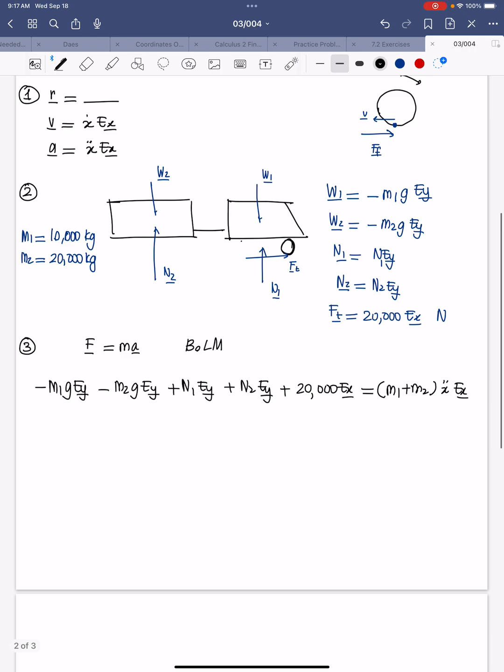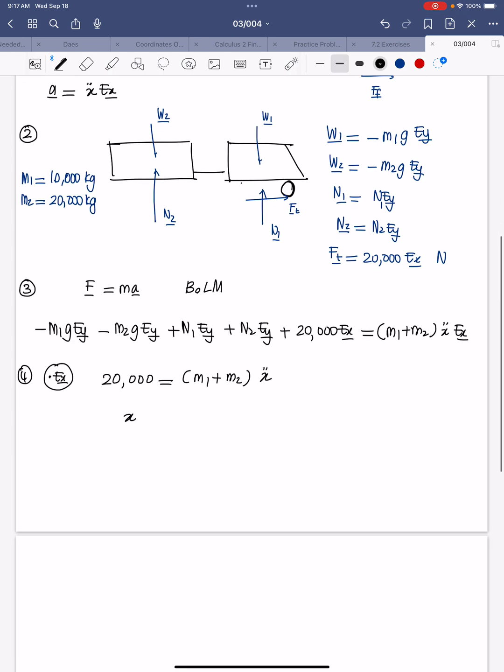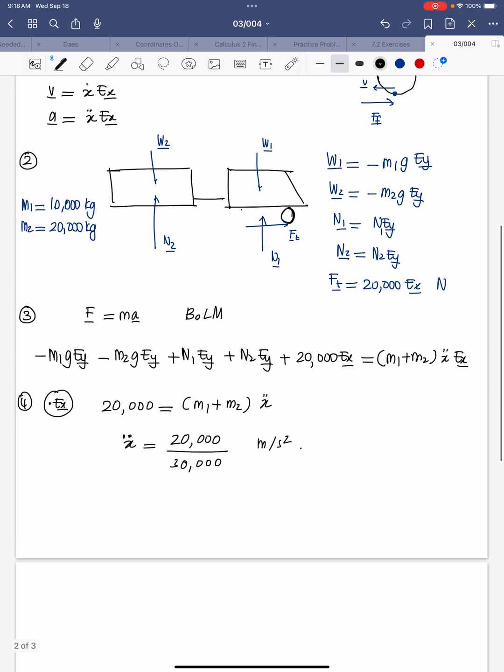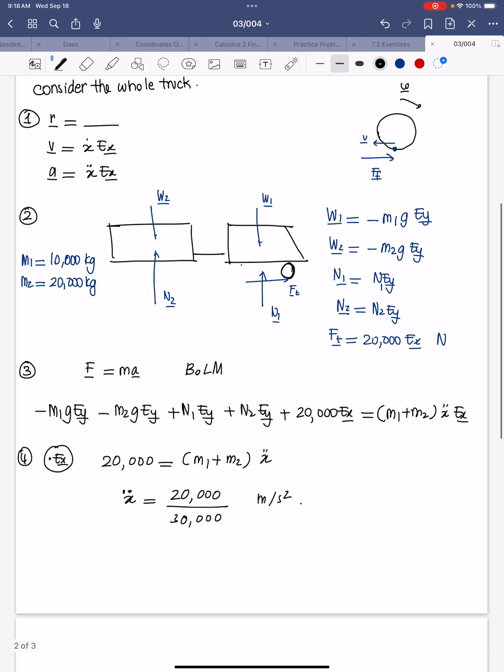Then if I want to calculate the acceleration of any part of the truck, including the drawbar, that's obtained by projecting the balance of linear momentum along EX. So I'm going to get that 20,000 is equal to (m1 plus m2) x double dot, and you can calculate x double dot from this equation. And of course, the units in SI are meters per second squared. Then we got the acceleration of basically any point on the truck.